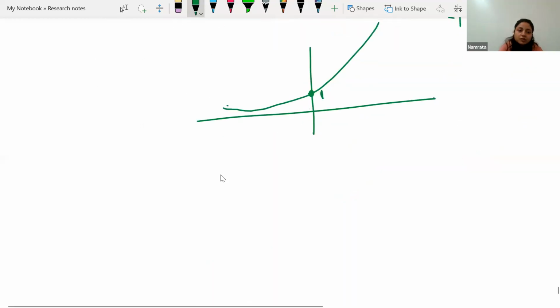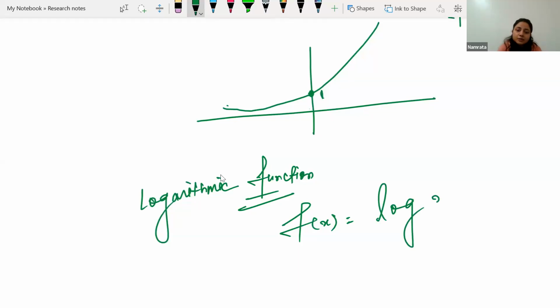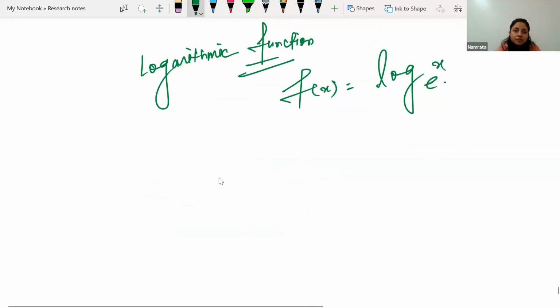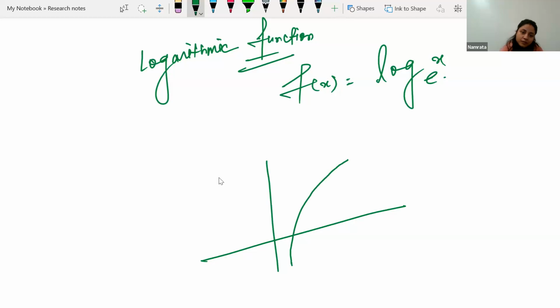Now we have the logarithmic function, which is f of x equals log x base e. And the graph of the logarithmic function is here.